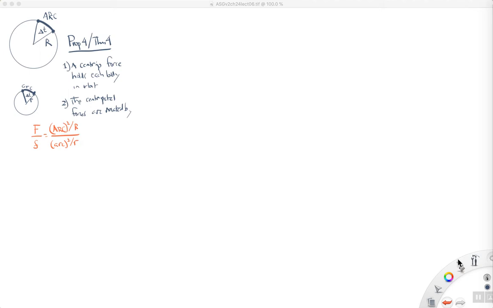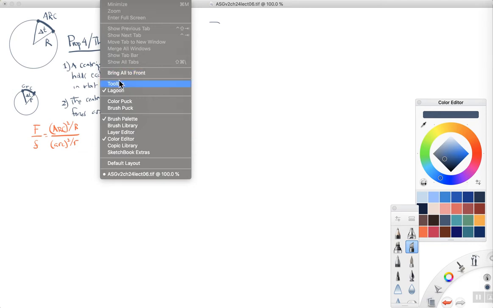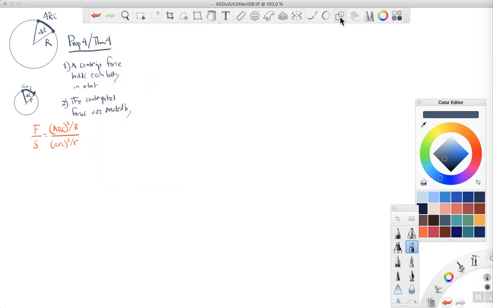Okay? So in order to prove this, I'm going to need to draw a few other circles. So I'm going to schematically draw, maybe I'll draw these up here. Actually, tell you what, I am going to cheat and use a toolbar to make a nice circle.